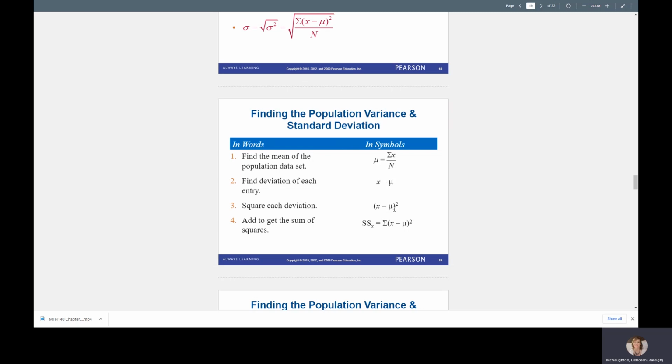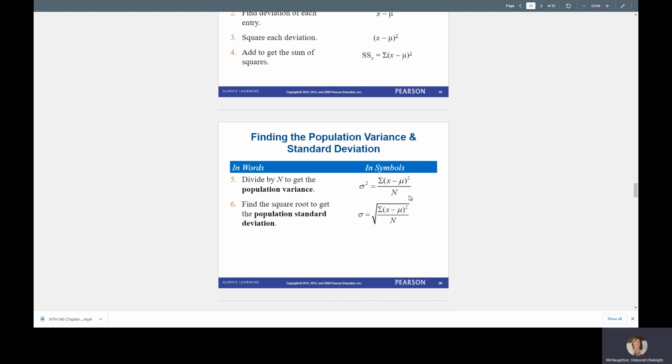And then we're going to square each of those. We're going to create another column that's all those values squared. And then we're going to sum that column. So we're going to go to the bottom of that column and just sum those all up. And that's where we get this sum of squares. And then we're going to divide it by n. And that gives us the variance sigma squared. And then we're going to take the square root of that. And that gives us the standard deviation, the population standard deviation sigma.